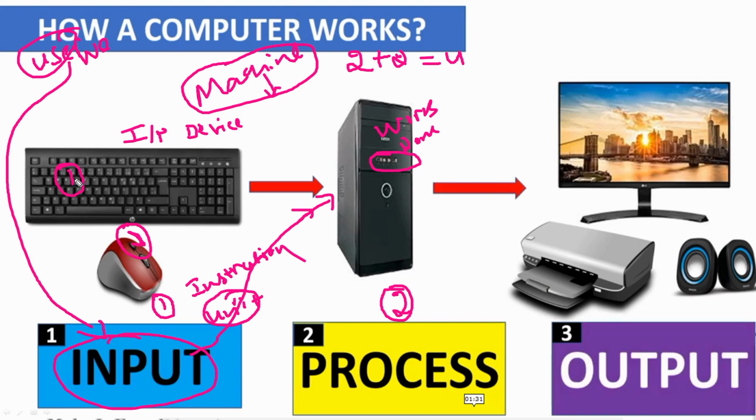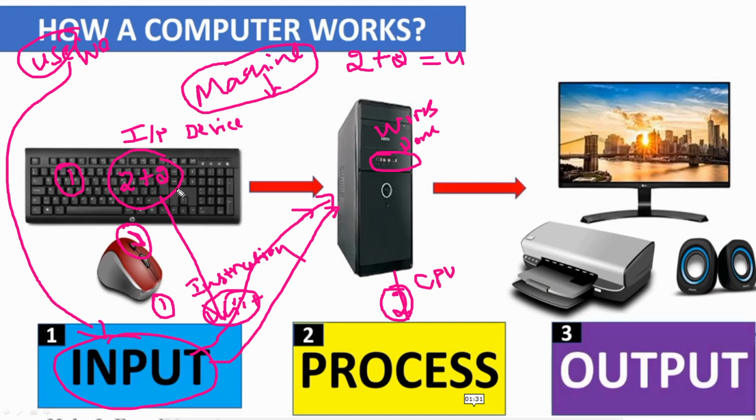The user uses the keyboard and mouse to give the instruction 2 plus 2 to the computer. Now the 2 plus 2 is in the input unit. As soon as we give the instruction, the input unit sends it to the processing unit. Under the processing unit there is a CPU.